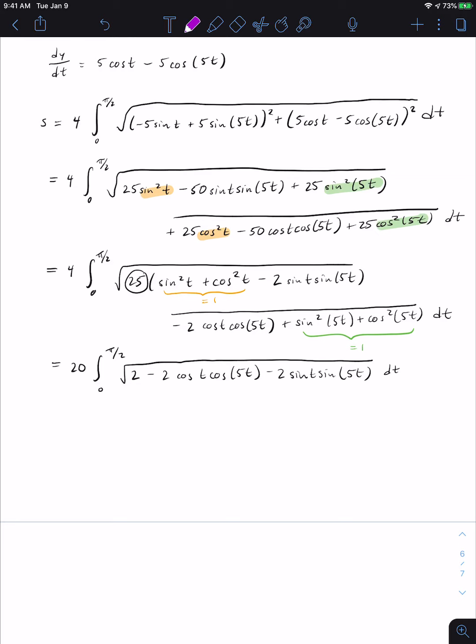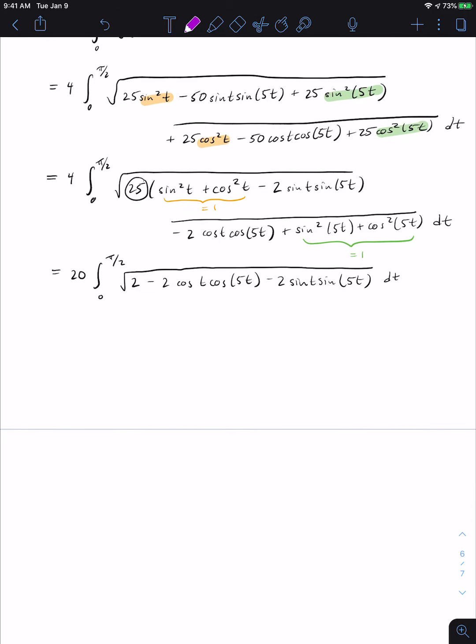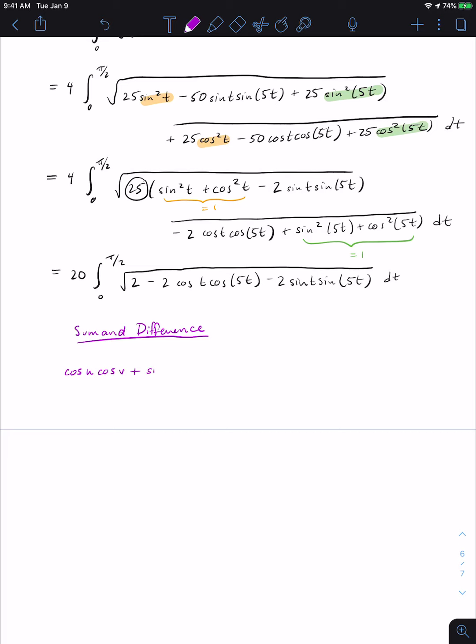This is an identity that we don't use very often, but it is an important identity. It's called the sum and difference identity. It says that if I have cosine of u times cosine of v plus sine of u times sine of v, I can rewrite that as cosine of u minus v.